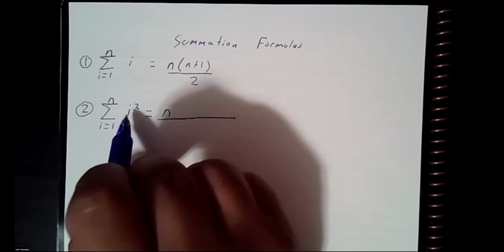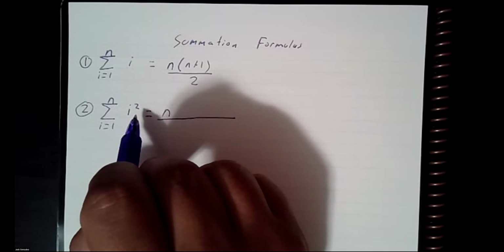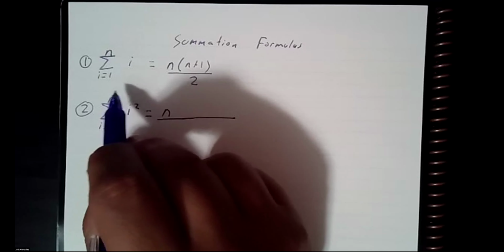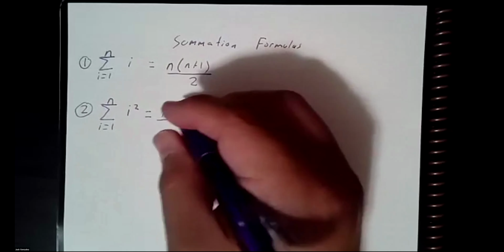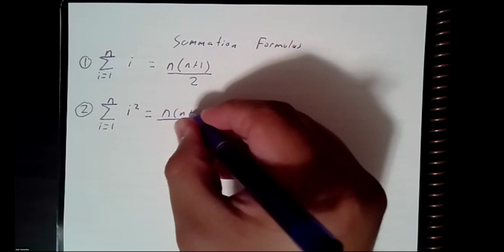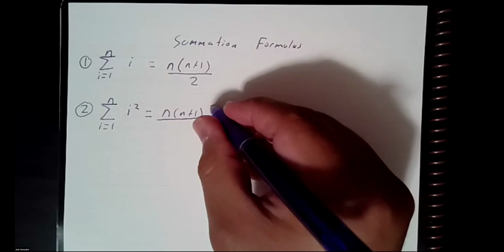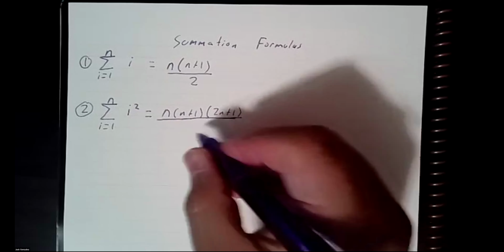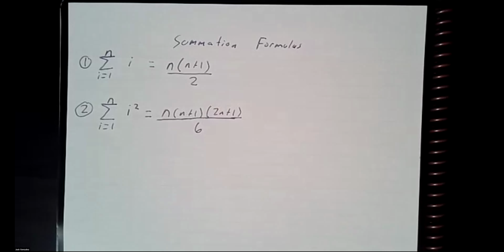Okay. If you're adding something that's squared from 1 to n, it has to be from 1 to some ending, it's going to be this: n times n plus 1 times 2n plus 1 over 6.